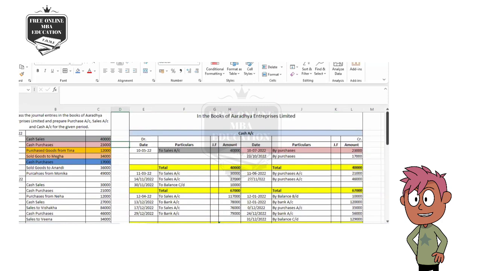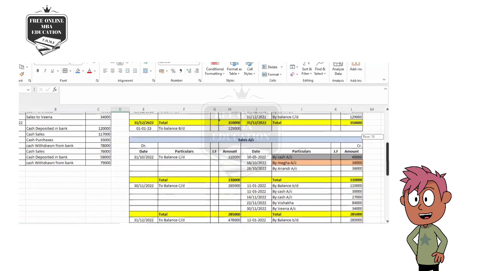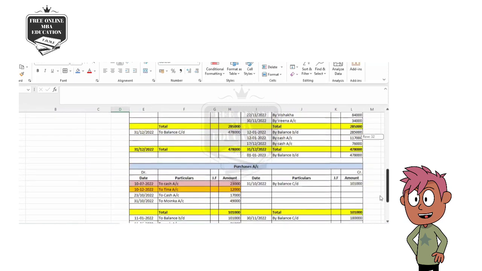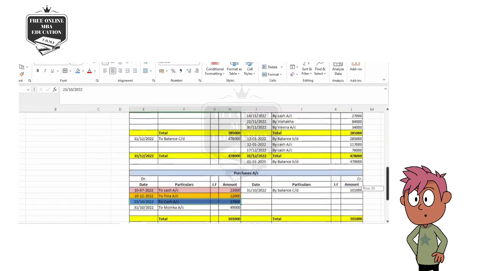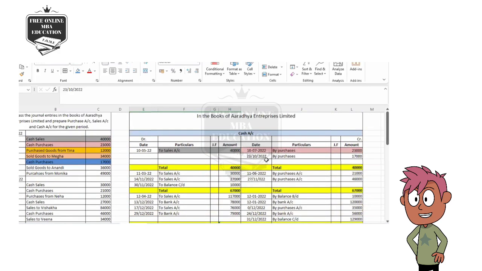So on the debit side of purchases, you would find to cash 17,000. And on the credit side of cash, you are going to mention by purchases. This is the posting which you are going to do from journal to ledger.